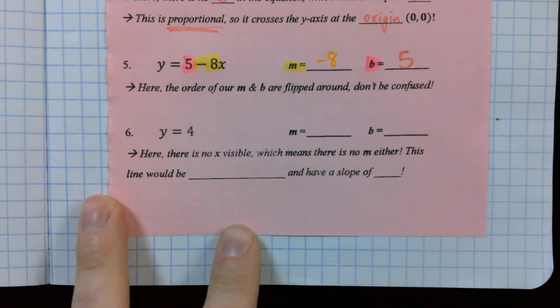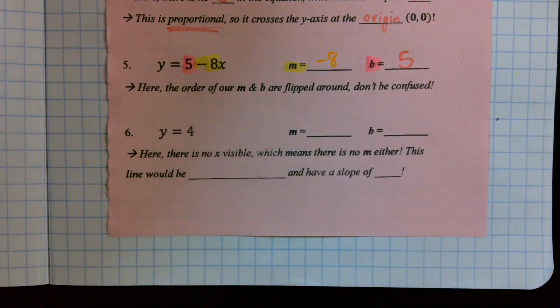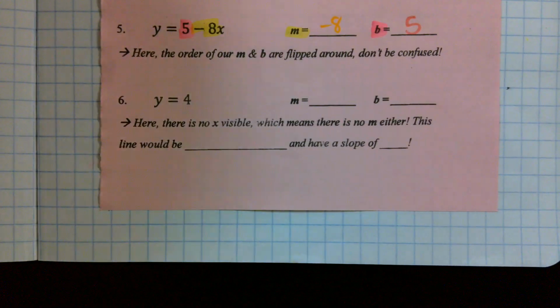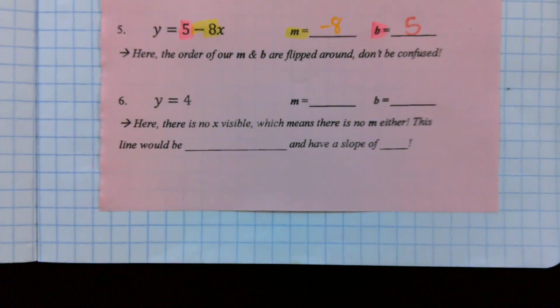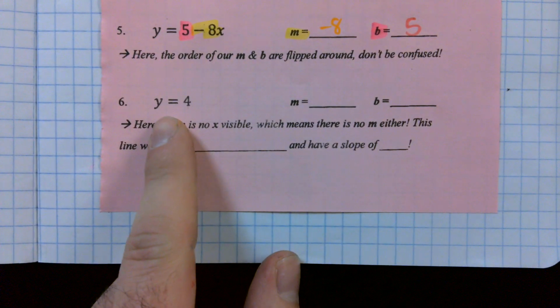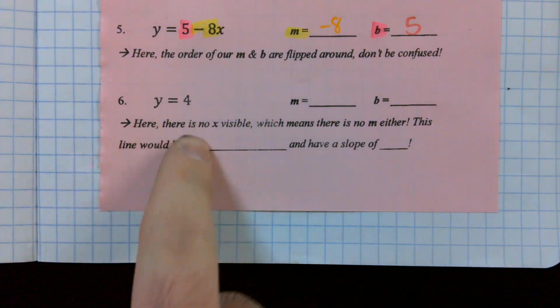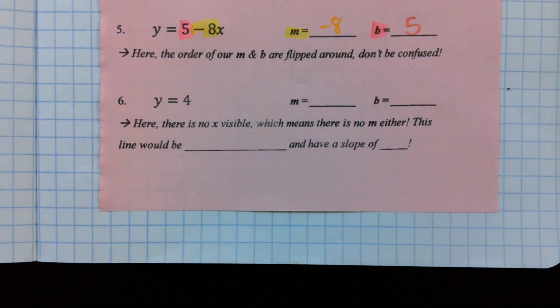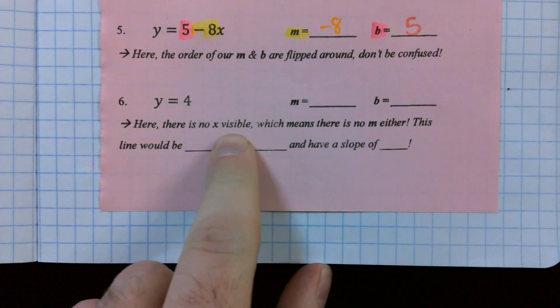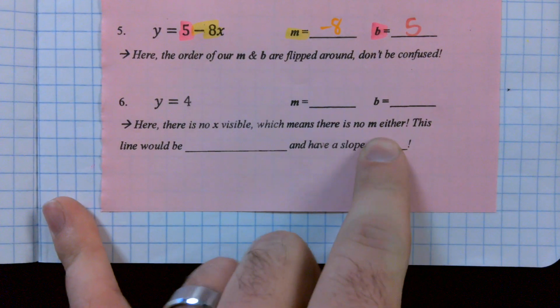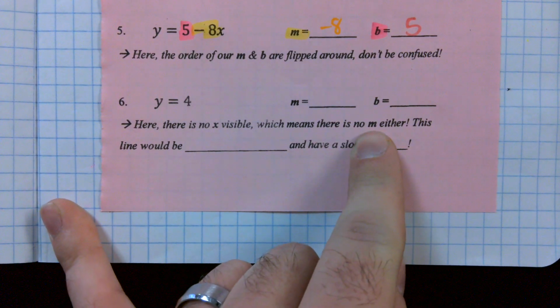And this last one is definitely the most confusing one, okay? It's not going to be 0, 0. It's going to be 0 something. So for the last one, number 6, do you see an x there at all? No. So there is no x visible, which means there is no m. We talked about this yesterday.